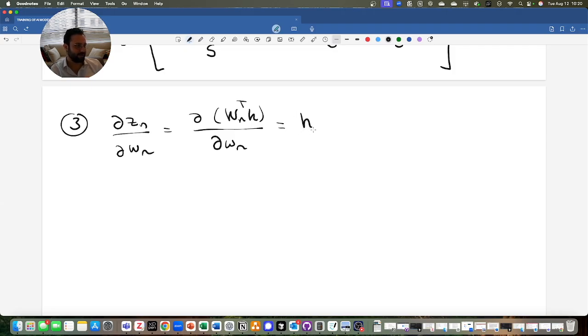So actually this is going to be h transpose, strictly speaking, because h is a column vector and I'm interested in a row vector, right?